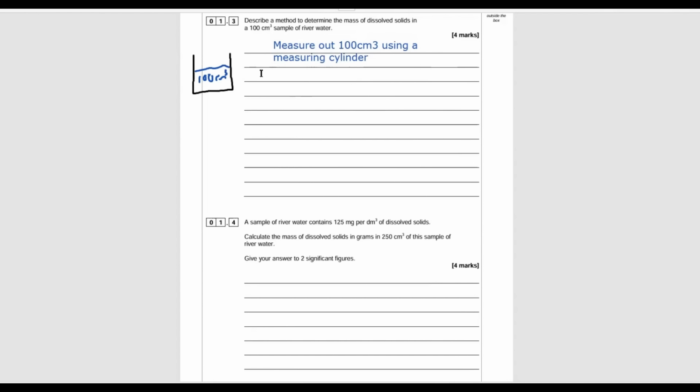Then record the mass of an empty beaker, then add water to the beaker, heat the beaker.